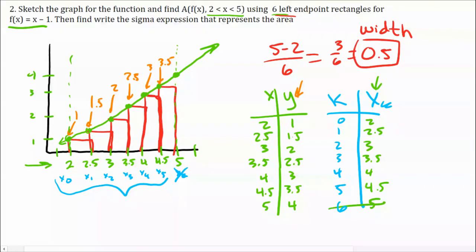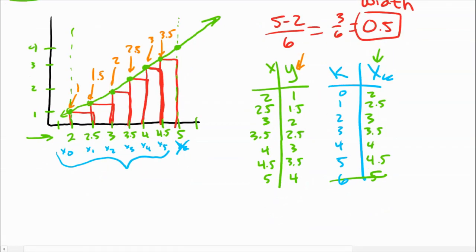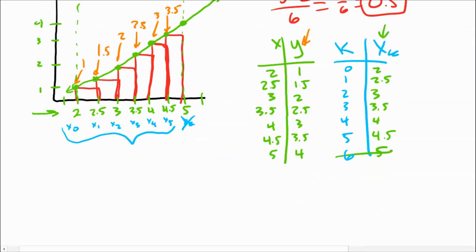And now I'm going to take some time to multiply all of the widths times heights. I'm going to write this down in expanded form so that you can see it, because again, I'm wanting to show you what it looks like. You could probably just do it in a calculator and be good to go. You wouldn't have to show this.